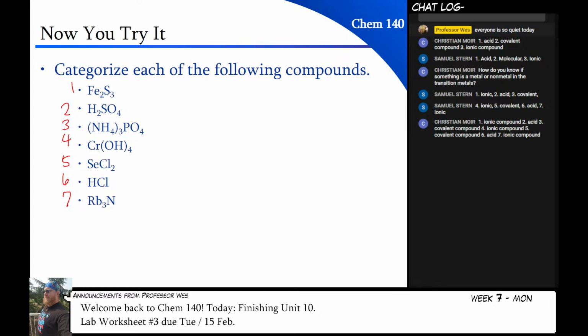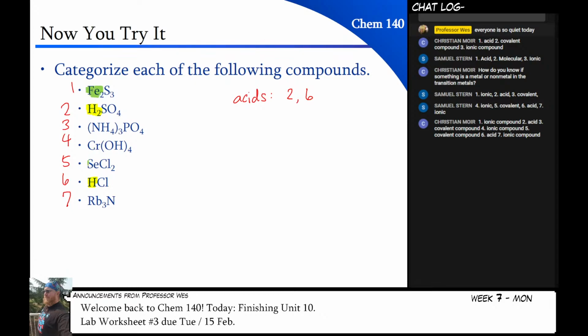All right. We're going to take the same approach to doing this. The first thing I'm going to do is find all the H's in the front. So there's one and there's one. Those must be acids. That's easy enough, right? Then we want to find all the metals.